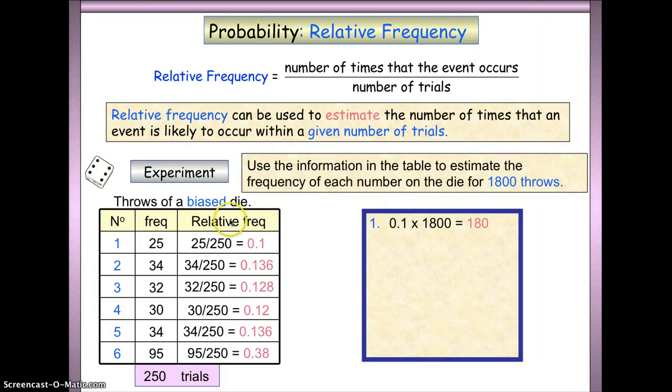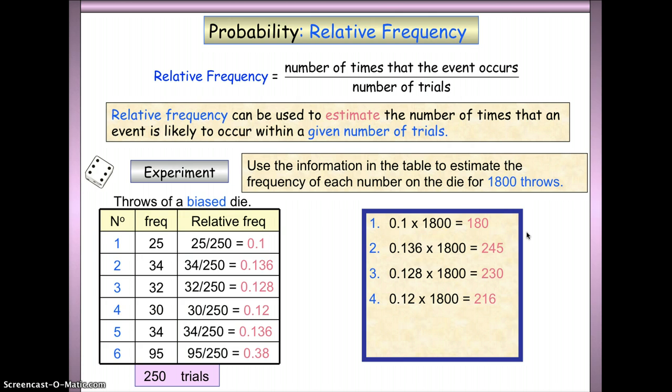Based upon this statistical data, you can predict or estimate the value. You don't have to throw it 1,800 times. 2 will come out probably 245 times. You use the relative frequency times the number of throws. The same thing for everything.